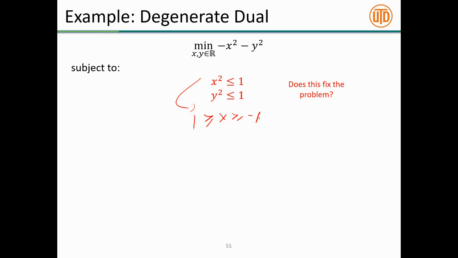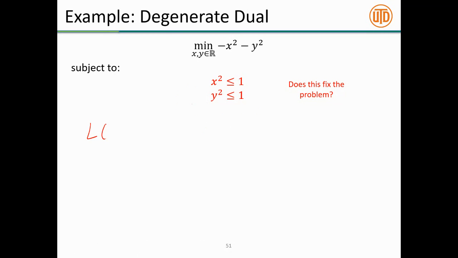However, when I construct the Lagrangian for this problem, I'll end up with a different dual because the Lagrangian will be different, because it's a different function. In particular, now there are only 2 inequality constraints for this problem. So the Lagrangian only has 2 Lagrange multipliers. So let's write it down and see what happens.